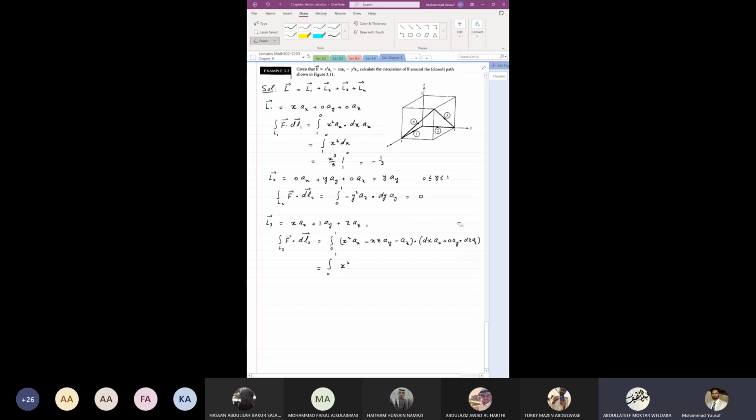Here we can say x is equal to t, z is equal to t in the parametric form, where t is from 0 to 1 and y is constant 1. We can say like this, because they are the same. What about if they are different?